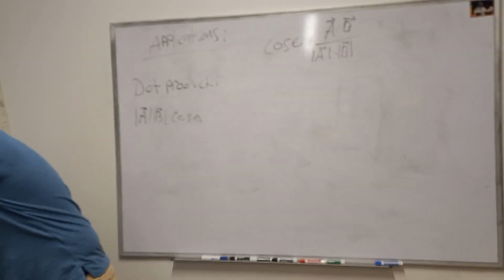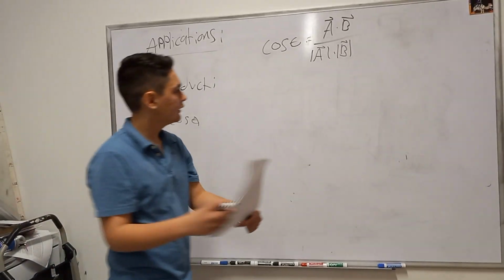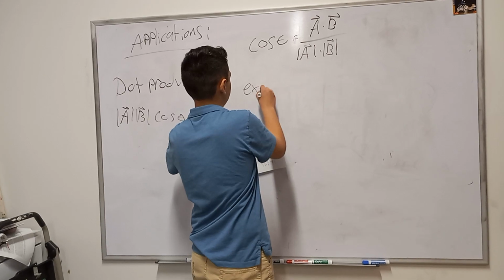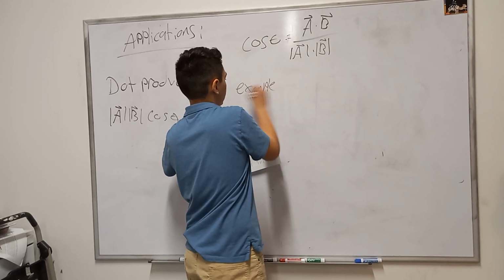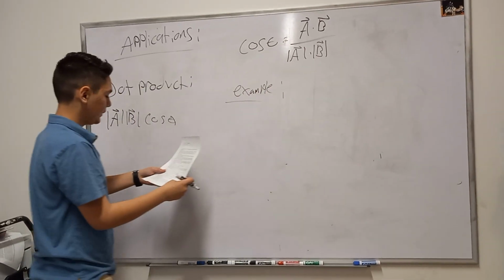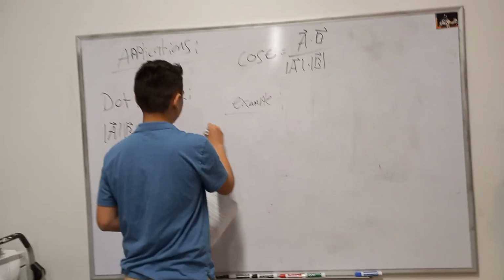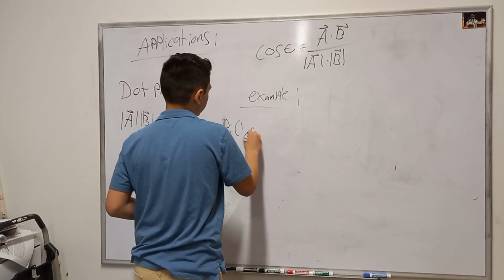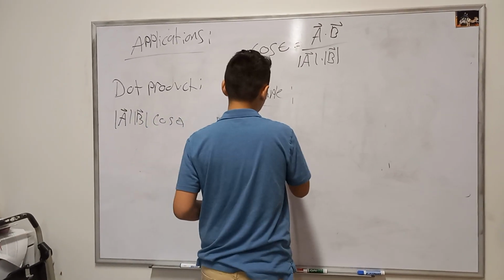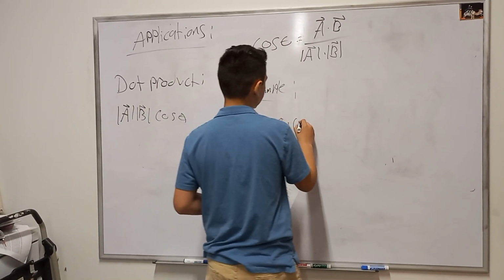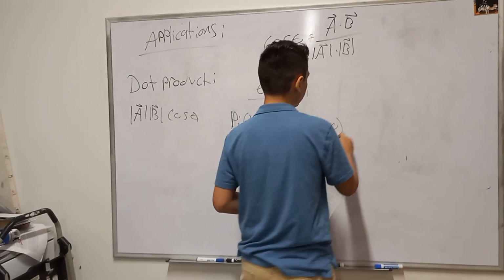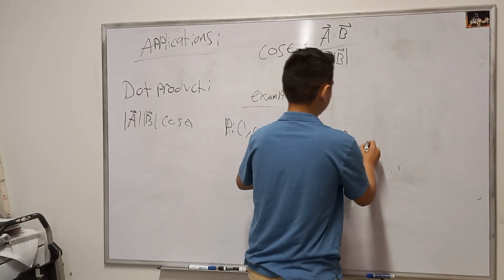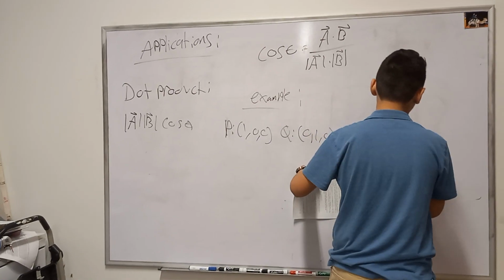So let's do an example of this. Let's say we have a triangle in space with vertices P, which is 1, 0, 0, Q, which is 0, 1, 0, and then R, which is 0, 0, 2.